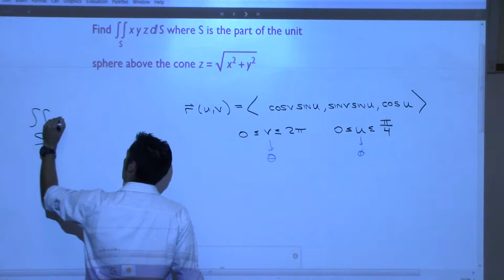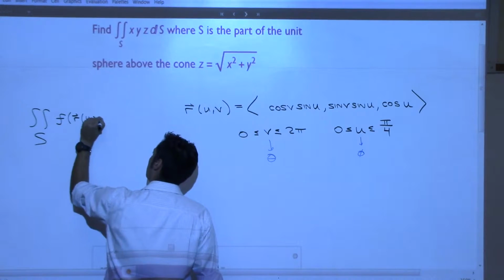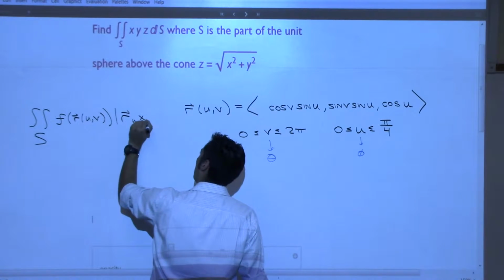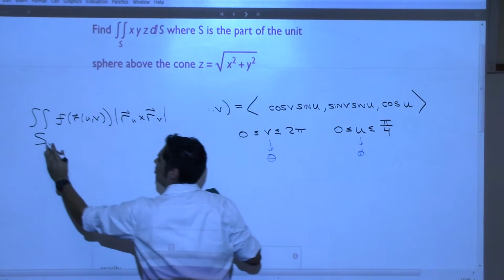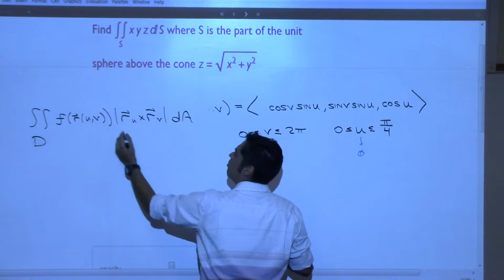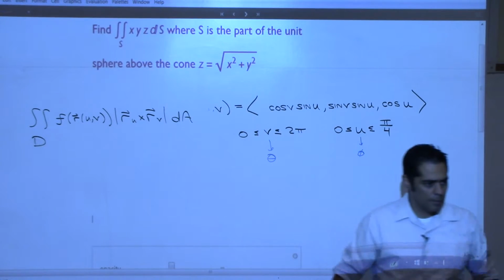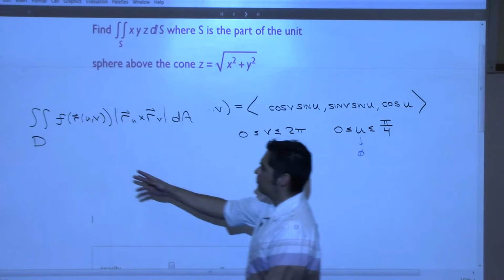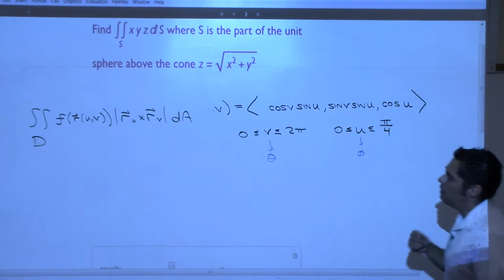I need to take F and evaluate it at the surface, and then I need to do this cross product partial derivative thingy, and then actually this is going to turn into D now because I'm actually going to go dA here. As soon as you put this in here, you convert it over to D. All right, do we know our restrictions for D? Yeah, we know what they are.